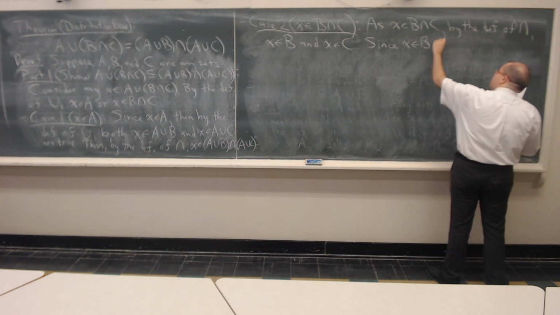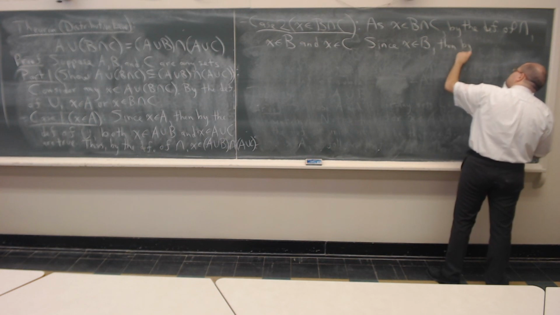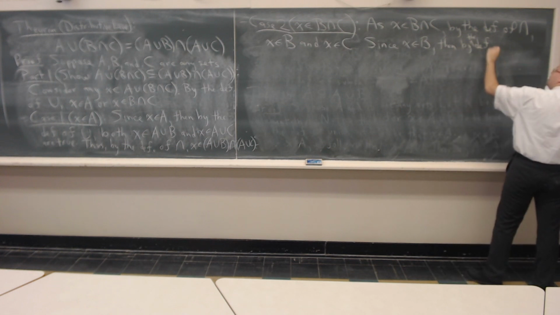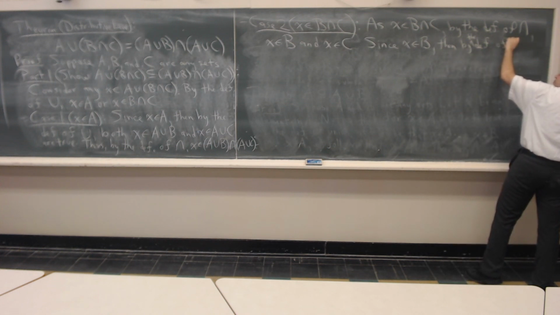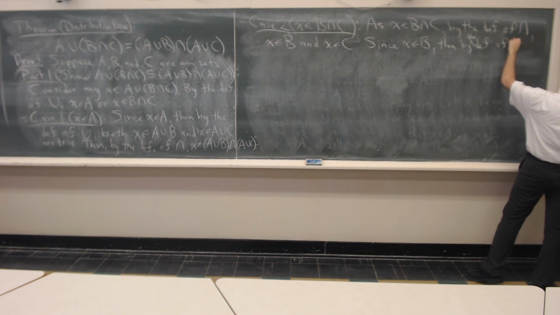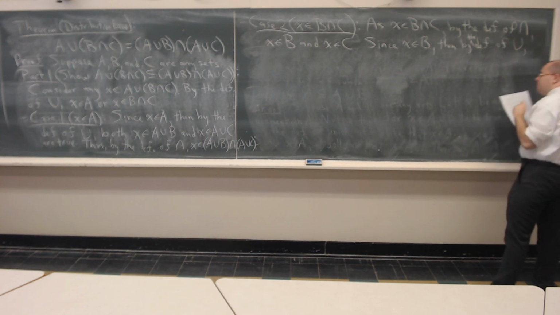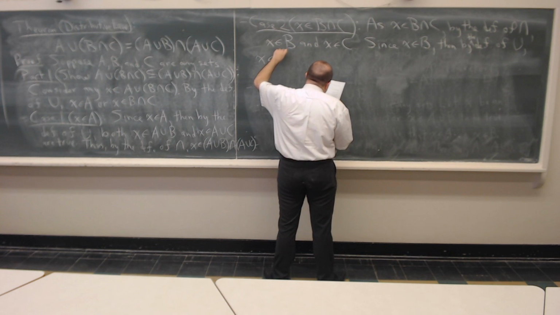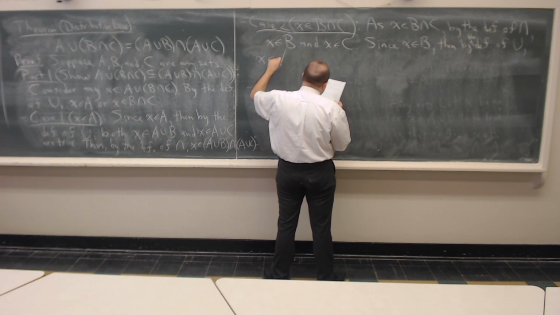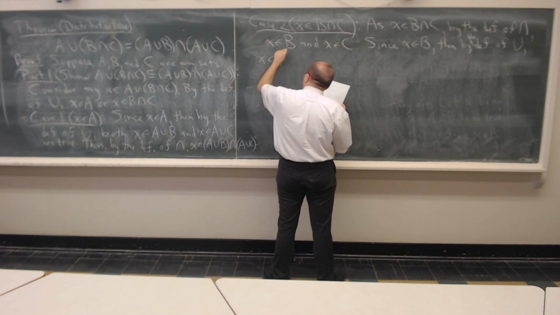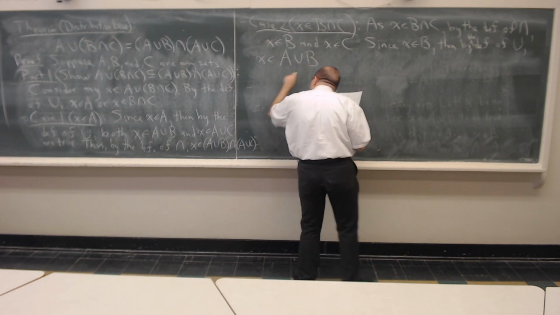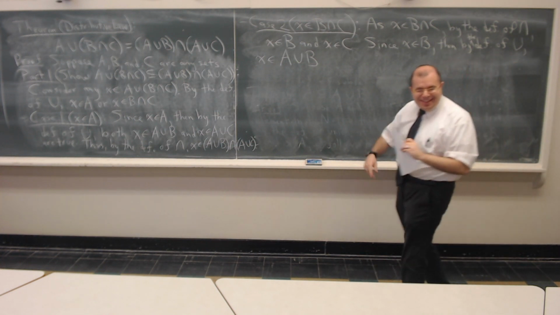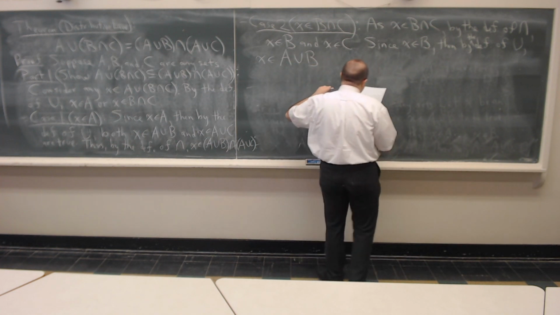Since x is in B, then by the definition of union, x is in A union B. Remember, I'm tacking on A. I get A for free here. It's on sale.